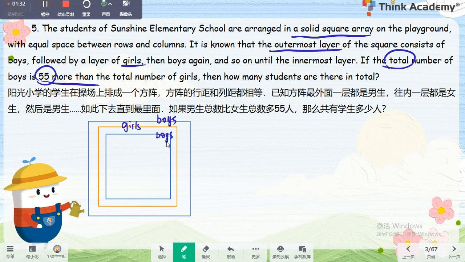To solve this question, because we only know one number, we need to find the relationship between the difference between two adjacent layers and how many layers there are. First, if we want to form a square array, we can easily get the difference between two sides.